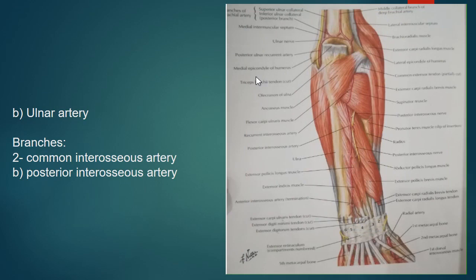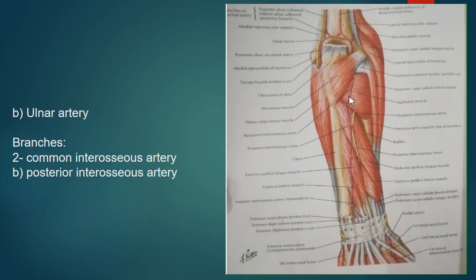Now talking about the posterior interosseous artery, here is the posterior interosseous artery in the posterior compartment of the forearm. As you can see in this image, soon after its origin, the posterior interosseous artery gives off a branch, this one, which is termed the recurrent interosseous artery.